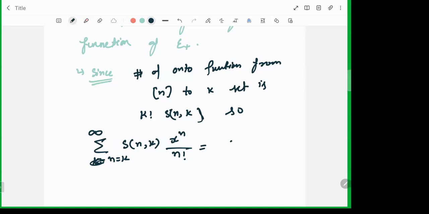So summation n equals k to infinity 1 by... what is this number of onto functions from n to k? That is k factorial S(n,k), right?